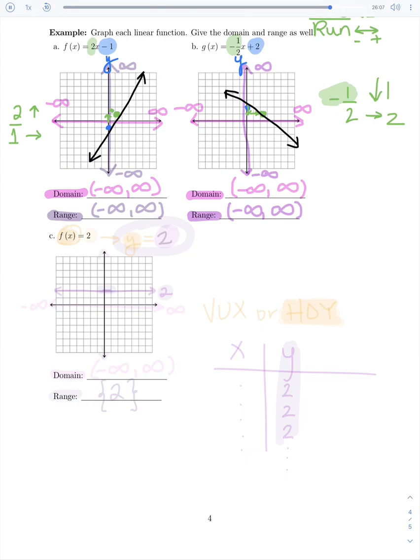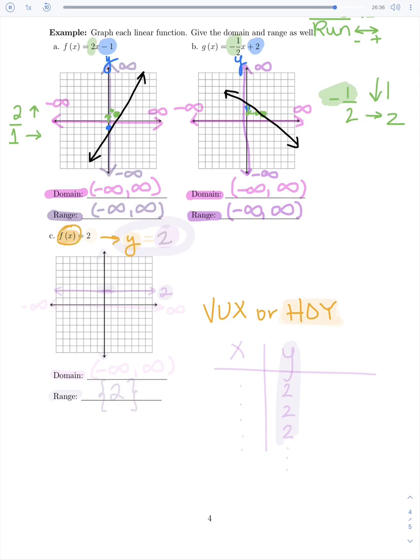Well, the reason why we know this is one of our 2 special cases is because we've only got a number. So the question is, is it the horizontal, or is it the vertical? Well, if you're not sure, you have to go back and remember f of x, we just talked about this a second ago, is the same thing as a y.